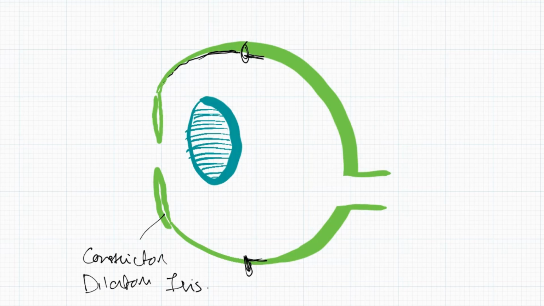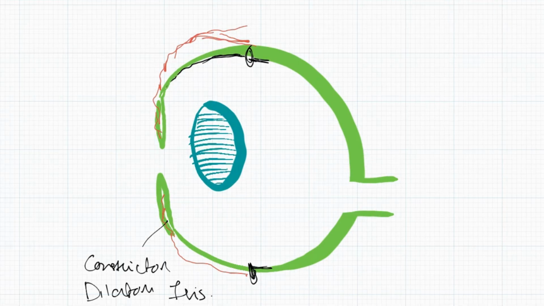The mesenchyme, which is present around the optic cup, will form the ciliary body and the ciliary muscles. It will also form the vessels and tissues of the iris. The mesenchymal cells are also responsible for the formation of choroid and sclera.